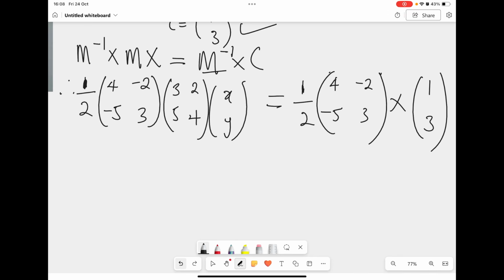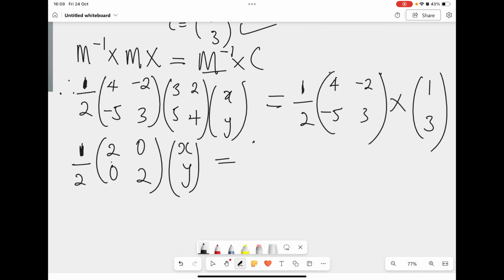Maybe I'll just write down the final answer, since we've done quite a lot of operations in multiplication. You just try and do that on your own. If you multiply the first matrix and the second matrix, you'll be having 2, 0, 0, 2. And you have X, you have Y. So that's what you should have when you solve correctly.